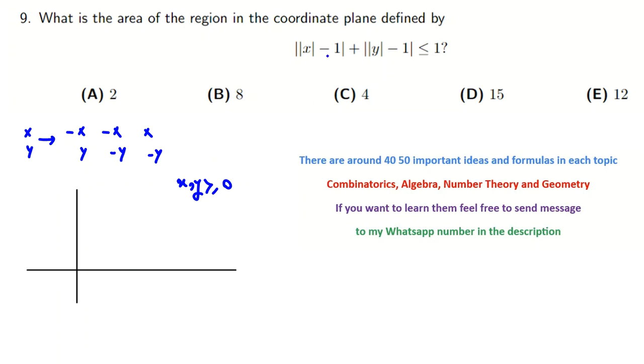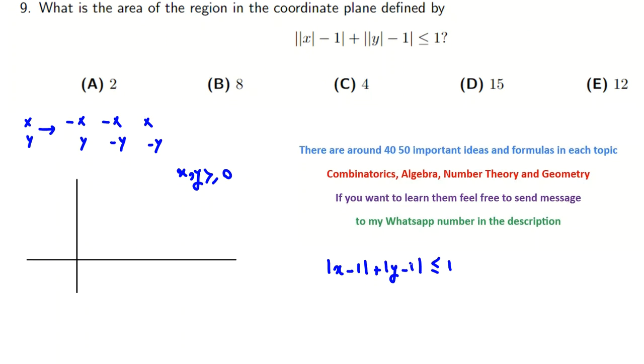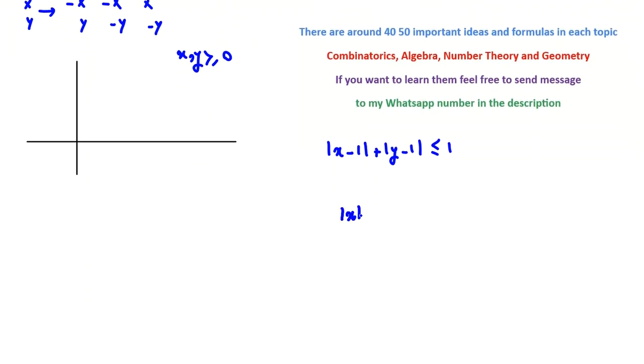So the absolute value of x will be x. So absolute value of x minus 1 plus absolute value of y minus 1 is less than or equal to 1. First, let me tell you what absolute value of x plus absolute value of y less than or equal to 1 is. If you want to draw this, you can consider 4 cases again.